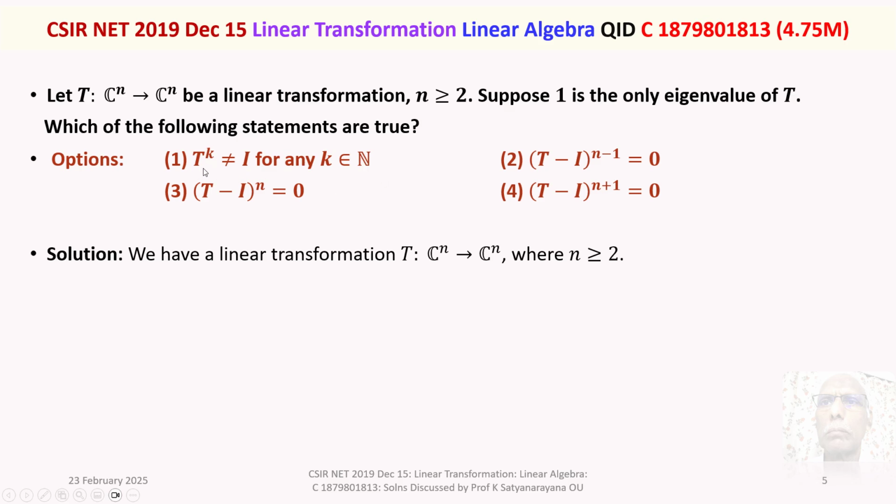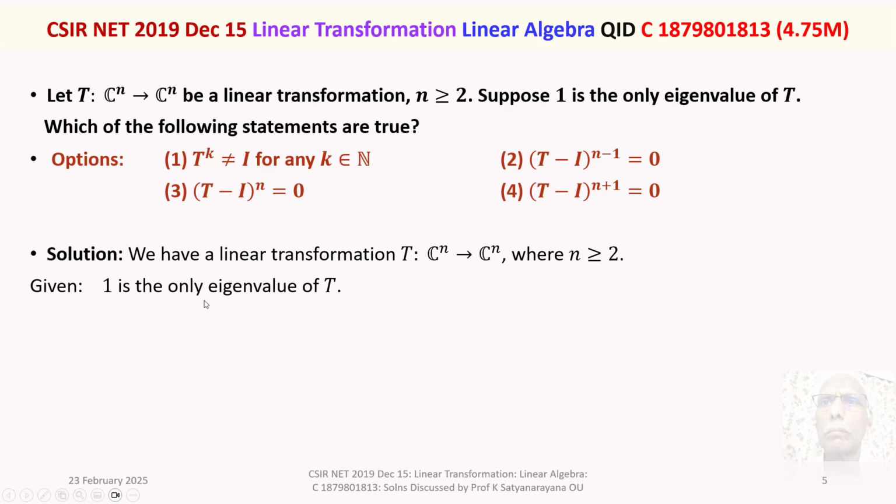I have shown the example. T power k is identity for all k belongs to N when T is an identity matrix. That counterexample tells you option 1 is not true.